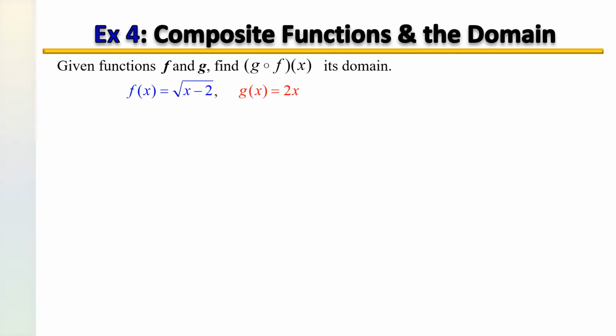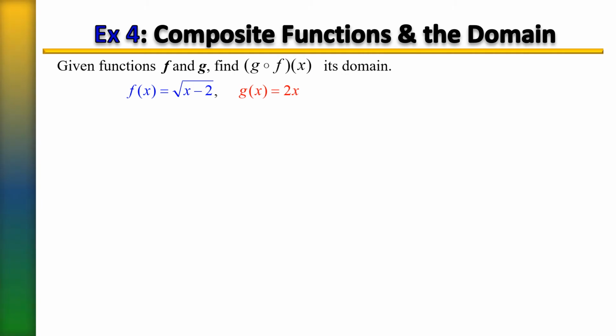In this example, we're given the functions f and g and asked to find f of g of x and then find its domain. Since f is the last function that's mentioned, we're going to take f and plug it inside of g. So here is the g function.